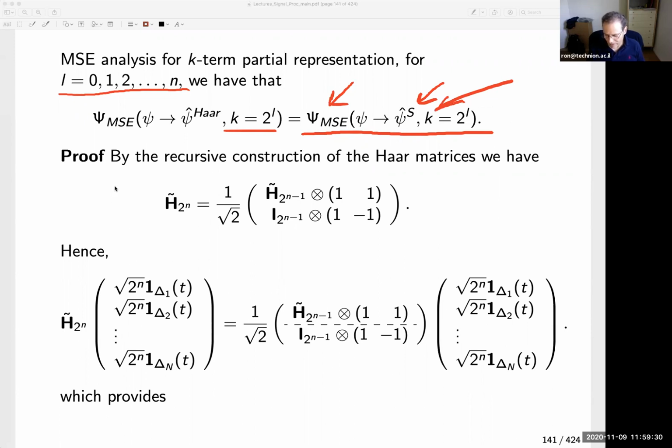Okay. What I'm basically saying is exactly what I said before: if I'm looking at the first two coefficients, it would be like representing all piecewise constant functions with the Haar coefficients, which is something that I can capture with the standard functions.